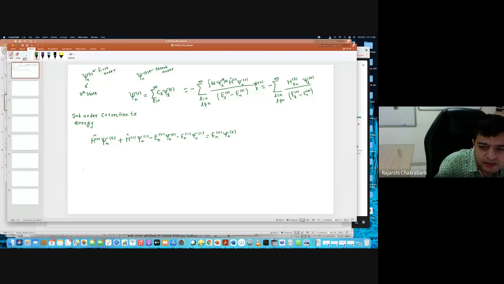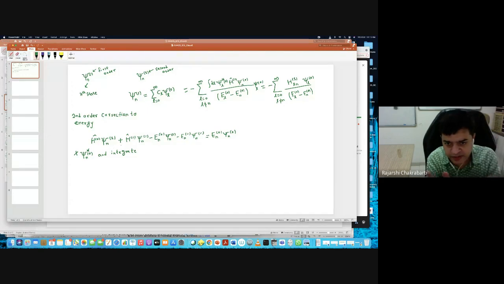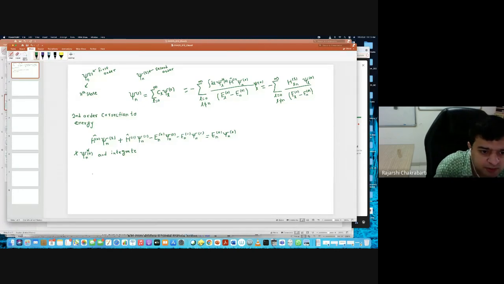Now multiply the whole equation with psi n0 star and integrate. If I do this, what is the first term I'm going to get? I'll just separate the psi n2 and psi n1 terms separately. So I'll take the first and the third term together.